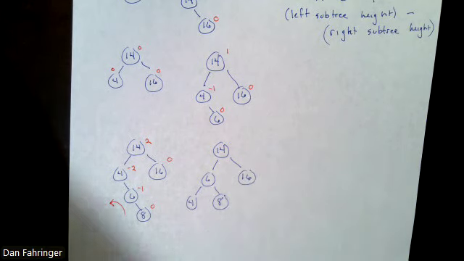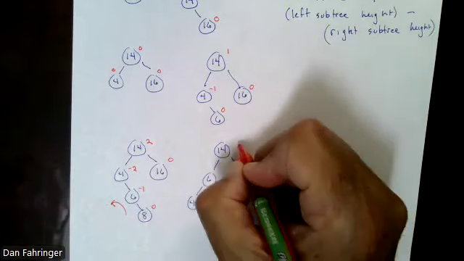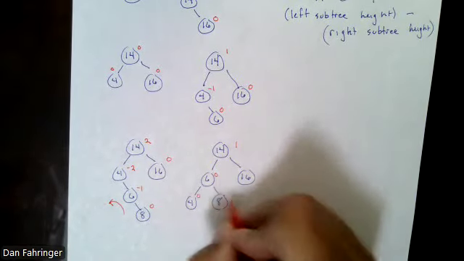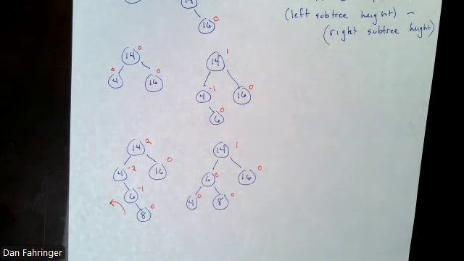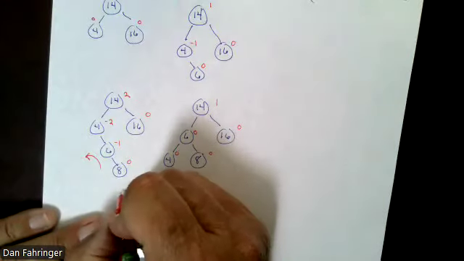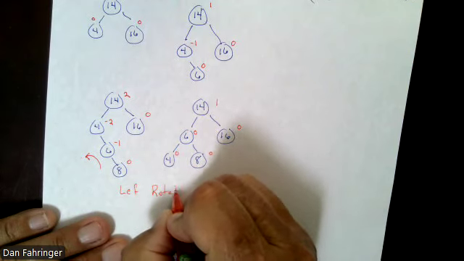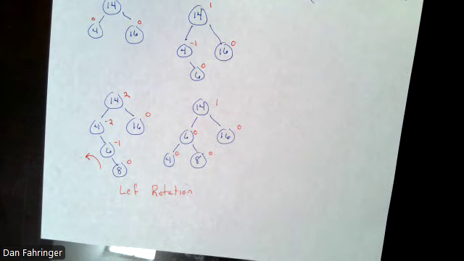And when I check my balance factors, I have 1, 0, 0, and 0. Everything is happy. So by making one quick adjustment, this is a left rotation. Everything's good.